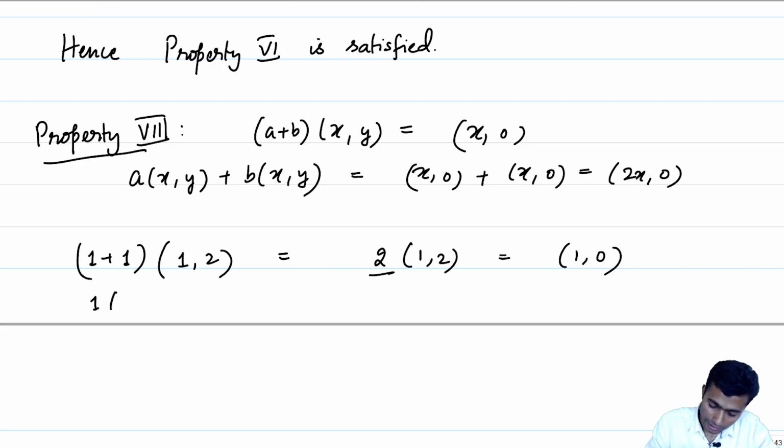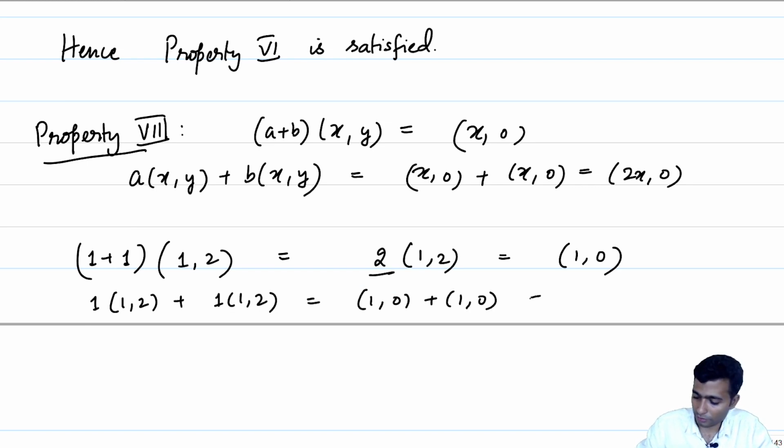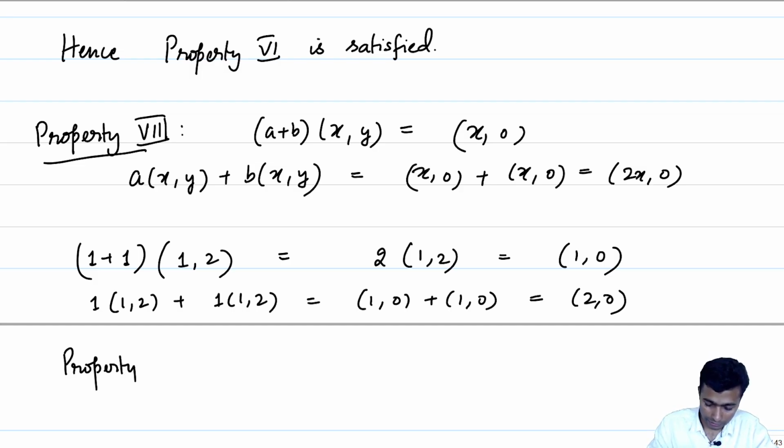But what about 1 times (1, 2) plus 1 times (1, 2)? This is just going to be equal to (1, 0) plus (1, 0), which is equal to (2, 0). This is not equal, as you can notice, and therefore property 8 is not getting satisfied. So we have one more property which is not getting satisfied.